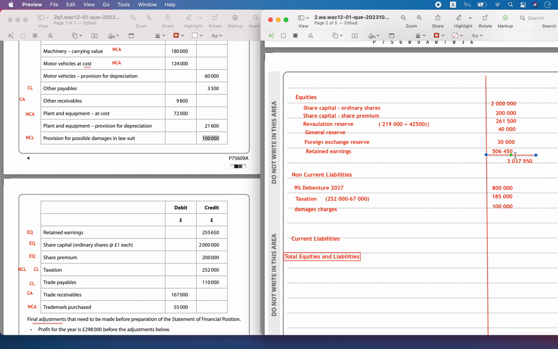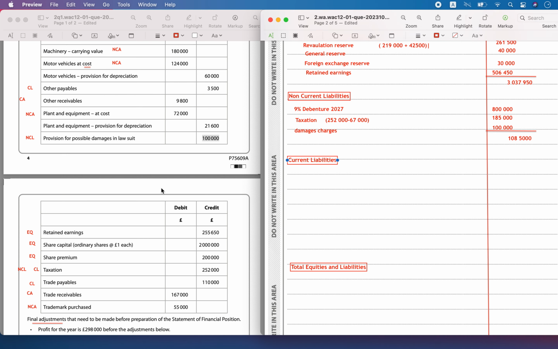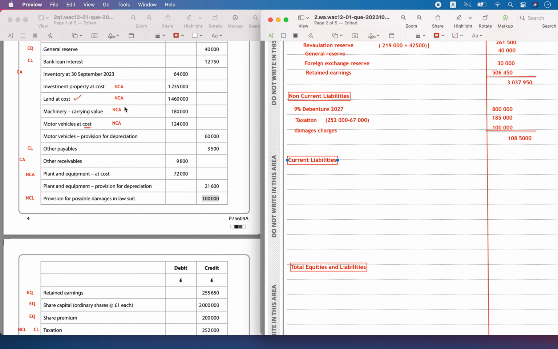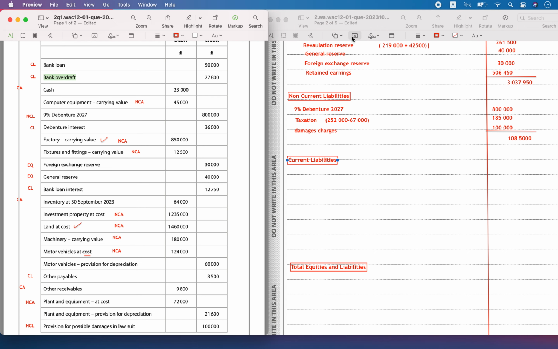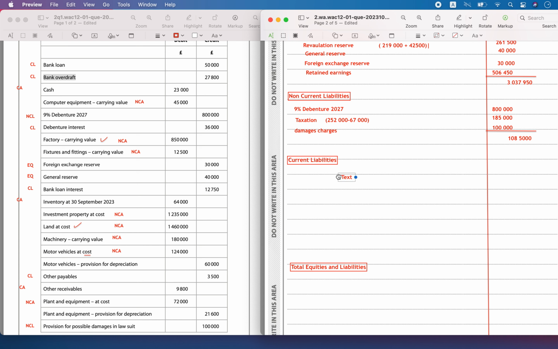Now we can add up the current liabilities.